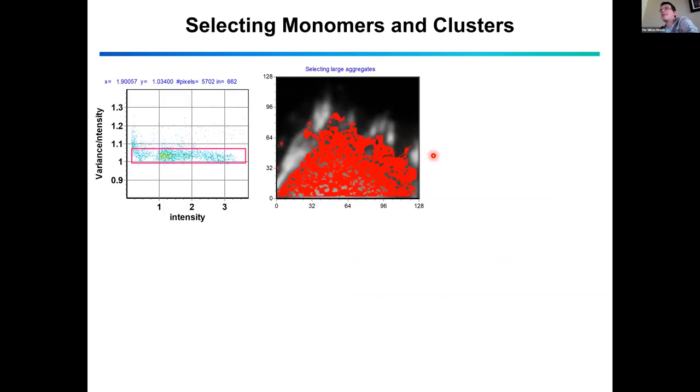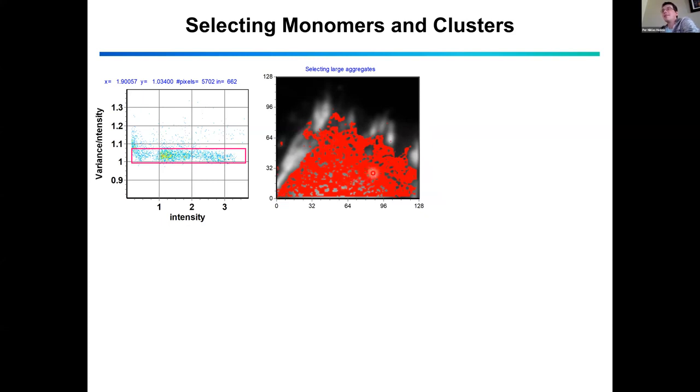Which is better illustrated here in the following slide, where we have the number and brightness plot, the 2D histogram, and then can select different aggregation states. So in this example, we selected the pixels that more or less correspond to EGFP in a monomeric form, and then color code these pixels in red.